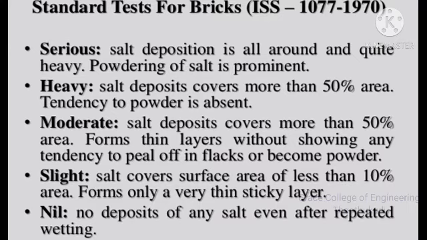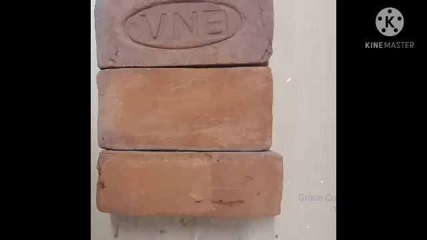If not more than 50% of the brick is covered with salt, we have to record it as moderate efflorescence, and if more than 50% of the brick area is covered with salt, we have to record the brick as having heavy efflorescence. And if the brick has a heavy deposit of salts, we have to take it as a serious efflorescence condition.